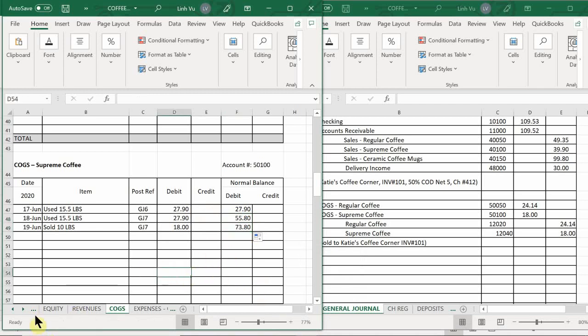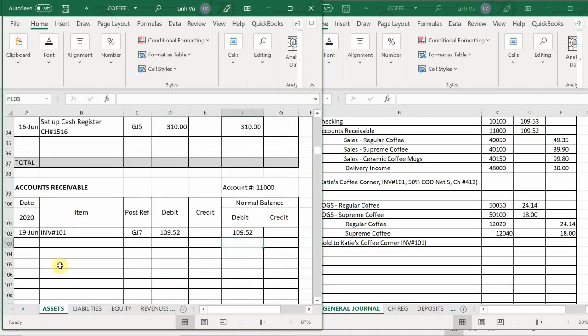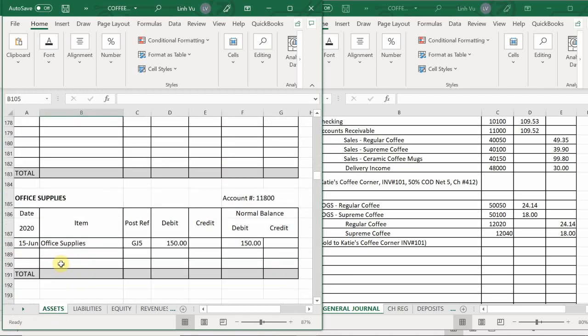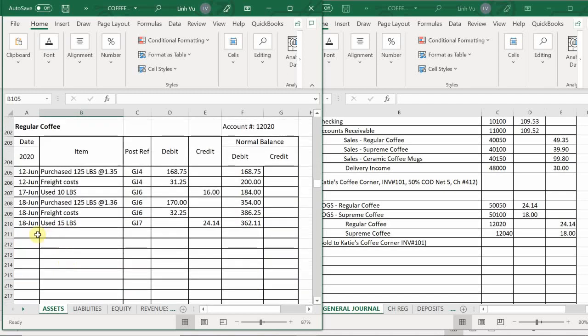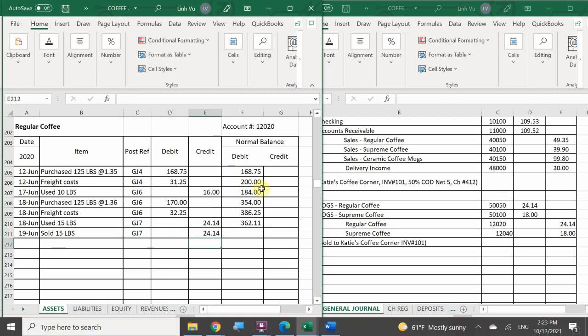Okay, so now we have to update our inventory for regular coffee. We sold 15 pounds, minus 24.14.